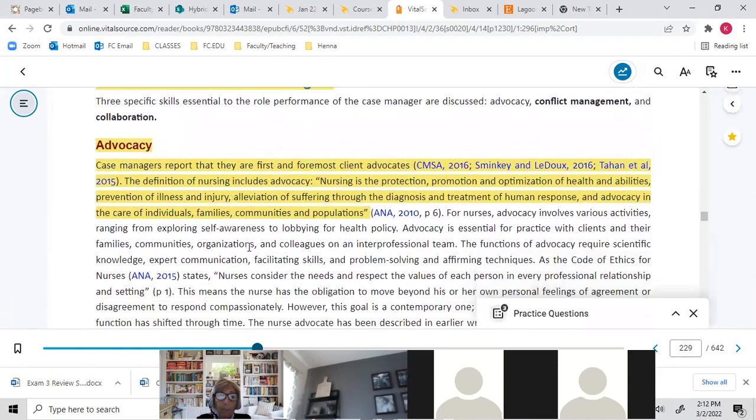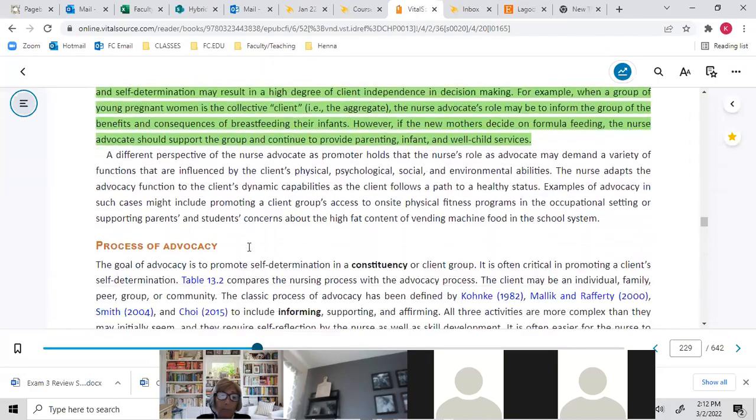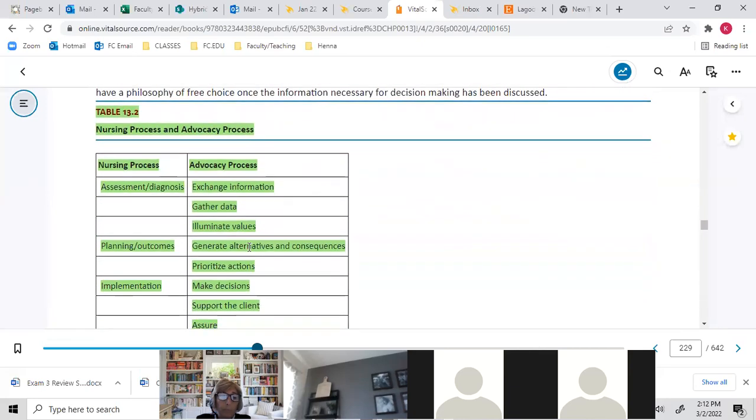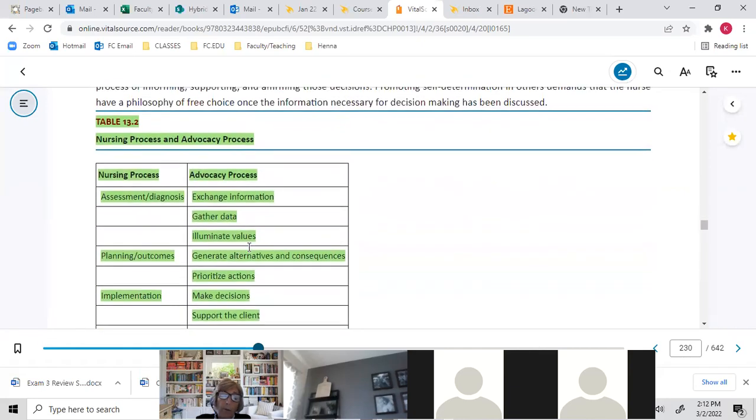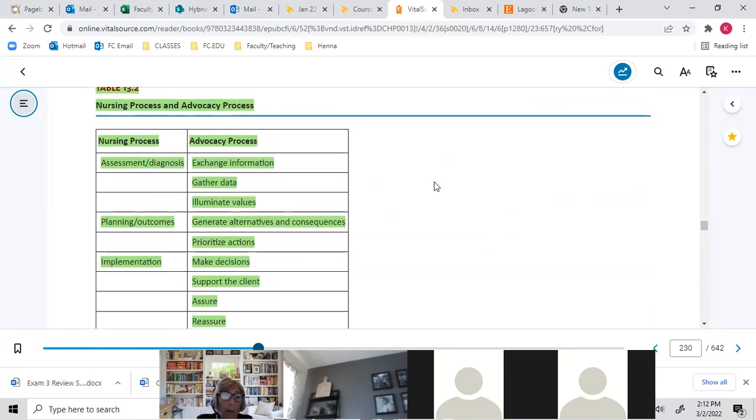And then essential skills for case management. We went through this. Advocacy. We talk about advocacy in every chapter. This is an excellent summary, 13.2 on page 230, of how we think about the nursing process when thinking about advocacy.